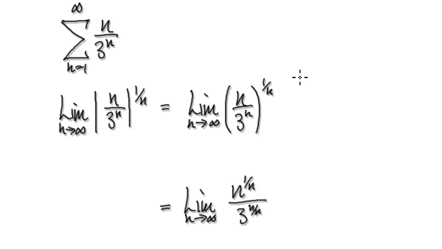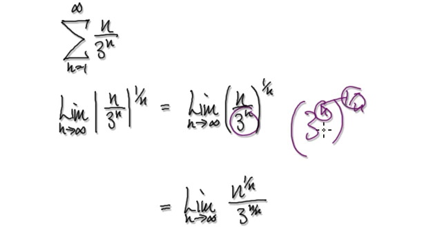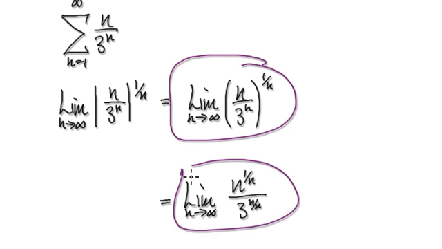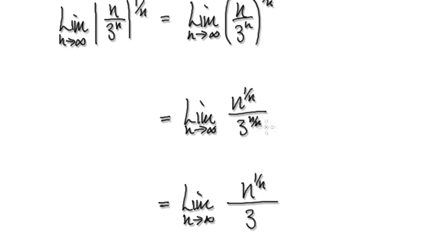Now take the nth root as n heads towards infinity. This part will be n to the power of 1 over n, and the 3^n to the power of 1 over n gives 3 to the power of n over n, which is 3 to the power of 1, which is 3.